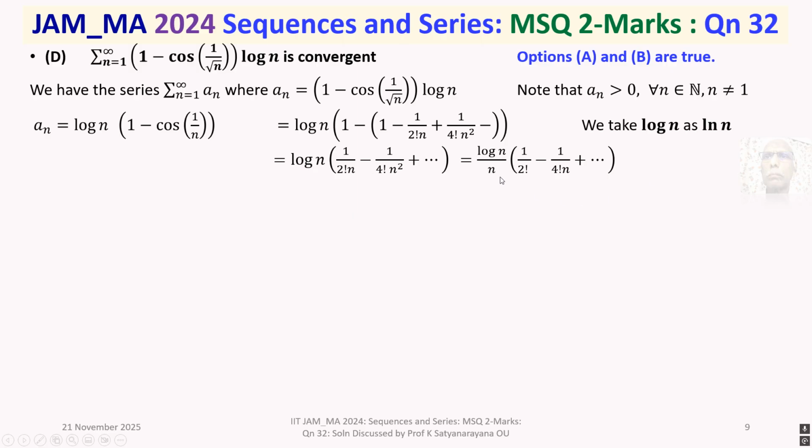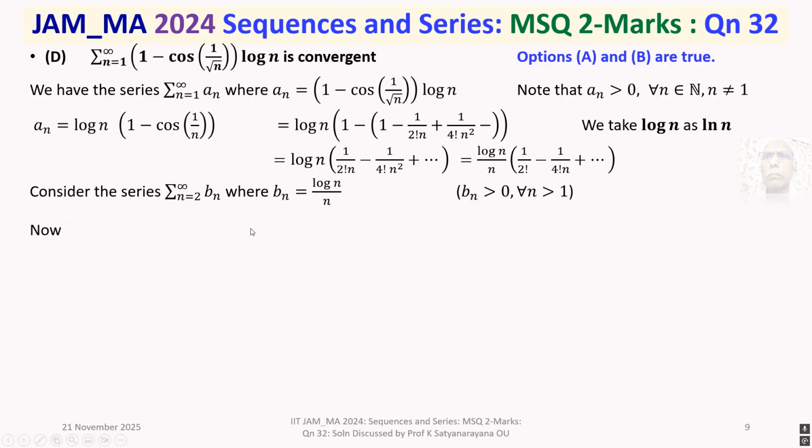Right. Now it suggests us to consider the auxiliary series sigma Bn, where Bn is log n by n. Each Bn is positive for all n greater than 1, right?